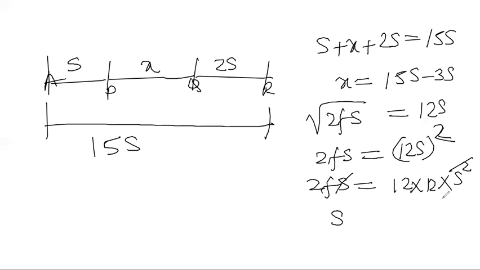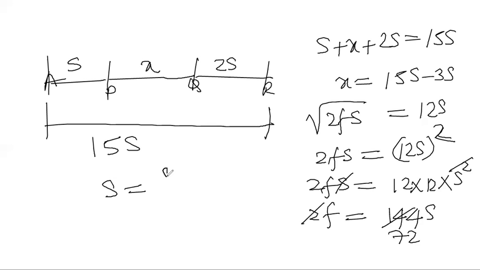So s equals 2f by 144. If you cancel this, what are you going to get? 72. So what is my s equal to? f by 72. Is it or not? Understood?